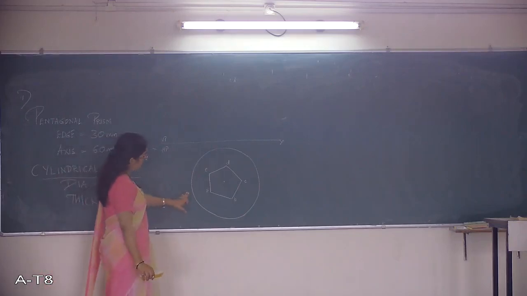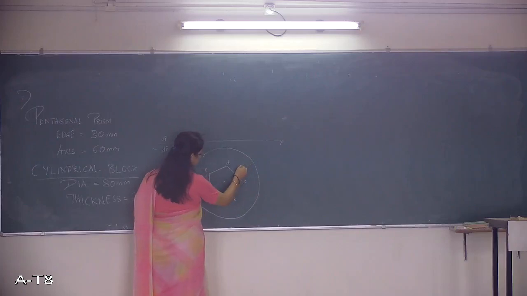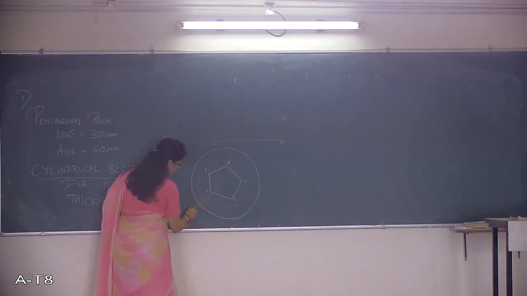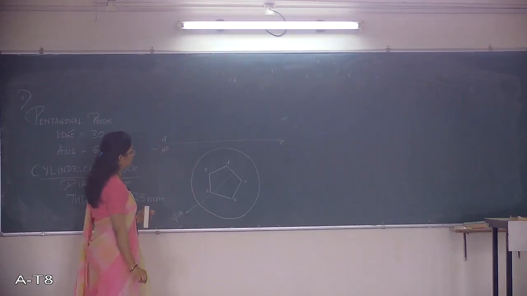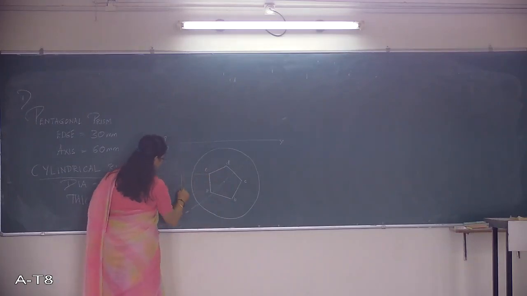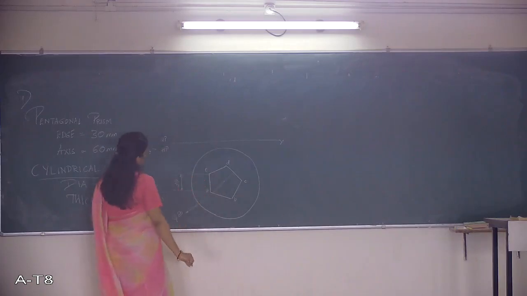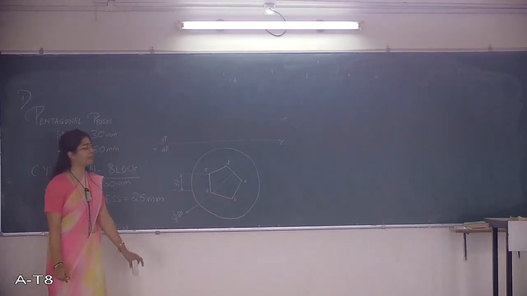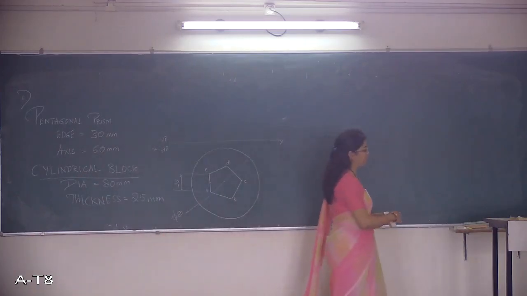So this is the cylinder having diameter 80. This is the pentagon having the edge dimension as 30 mm. So this is the top view of the combination of solids.